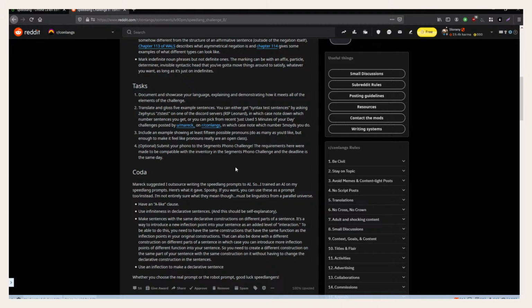What would an invisible syntactic head be? I'm not sure I'm the best person to explain this, but essentially you can move something around that will cause something to agree a certain way.